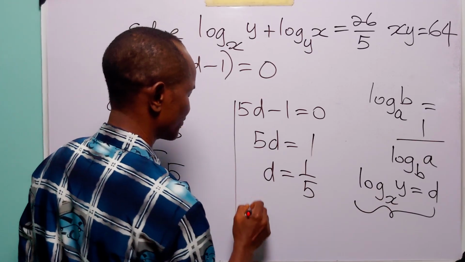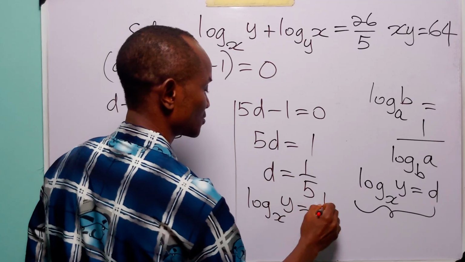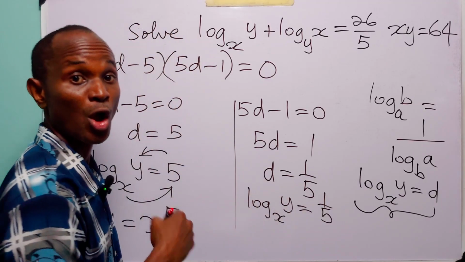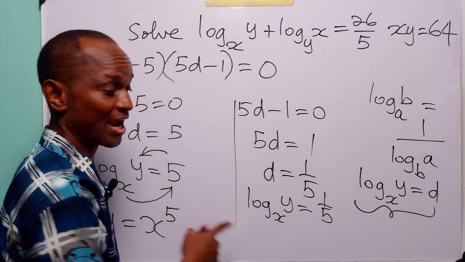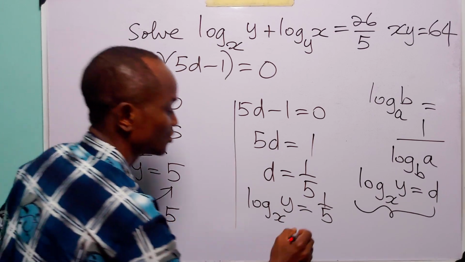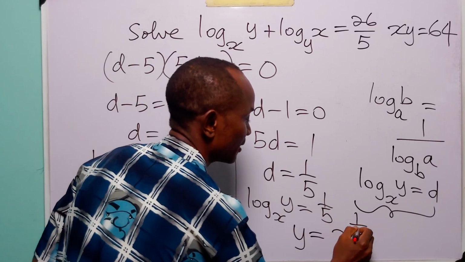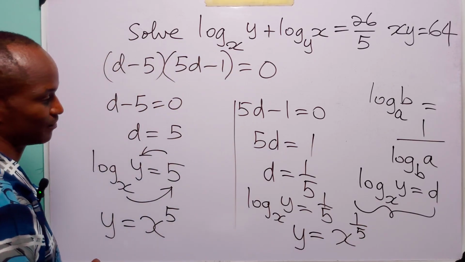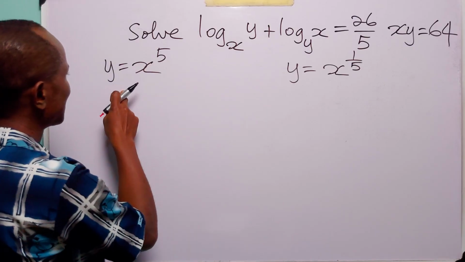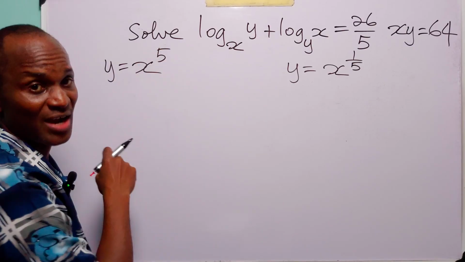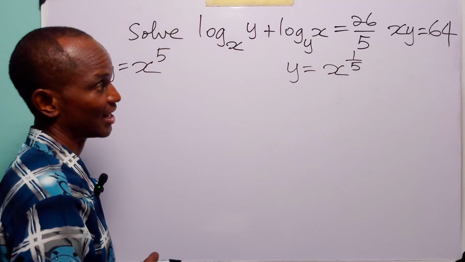Once more, from here we have that log to base x of y is equal to 1 over 5. This means that x to the power 1 over 5 is equal to y. So from the logarithmic equation, we have that either y is equal to x to the power 5 or y is equal to x to the power 1 over 5.